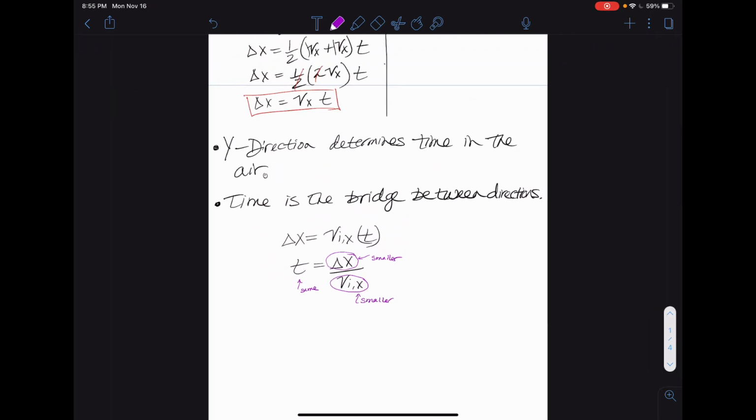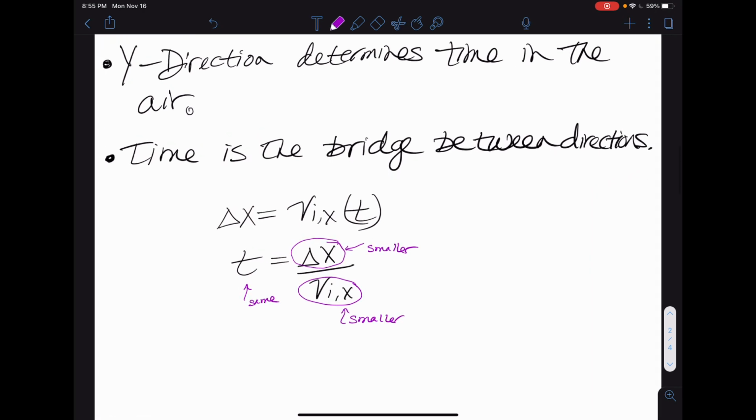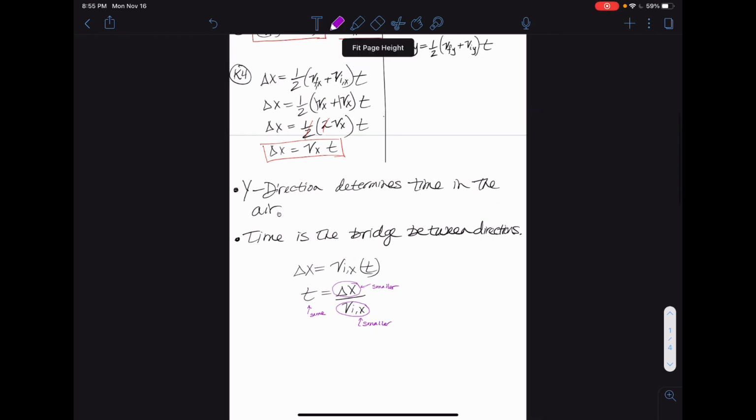Okay, so hopefully that makes sense, and you're not as confused as I was as a college student when I was trying to figure that out. I was like, what? Mathematically, it looked to me like time in the air is based off delta x. I couldn't understand that relationship, so hopefully you get it. Okay, I think we're good.